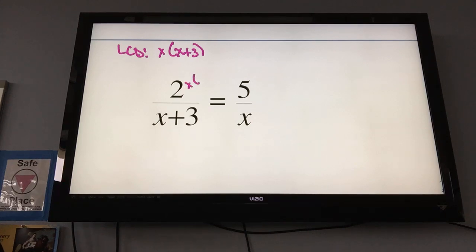So I multiply by the whole thing. On the first term, my x plus 3's cancel out, and I'm left with 2 times x, or 2x. On the right side of equals, on the next term, my x's cancel, the plain x, and then I'll distribute and get 5x plus 15.